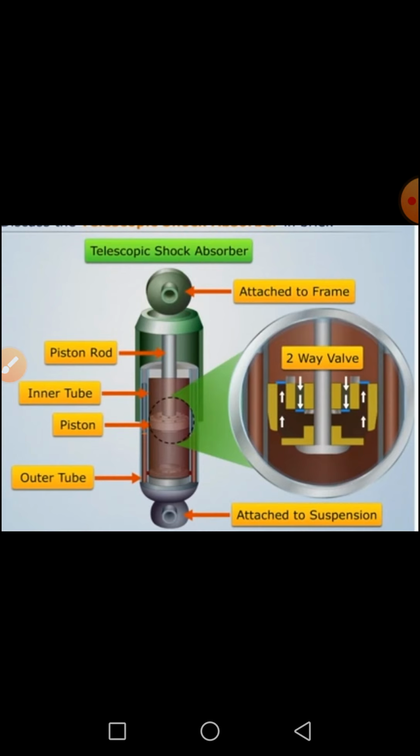This movement is controlled by the pressure of the fluid inside the inner tube. If the pressure of the oil above the piston is high, the oil will travel from the top portion to the bottom portion, and vice versa.